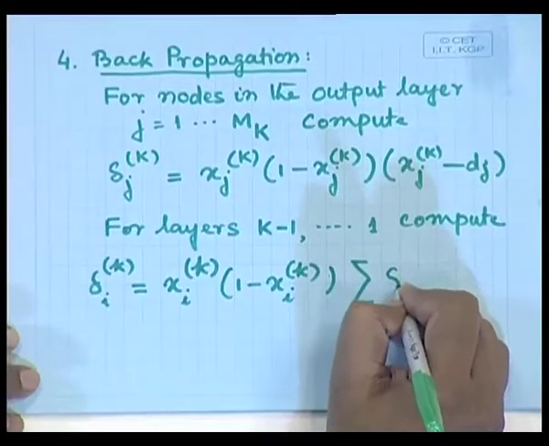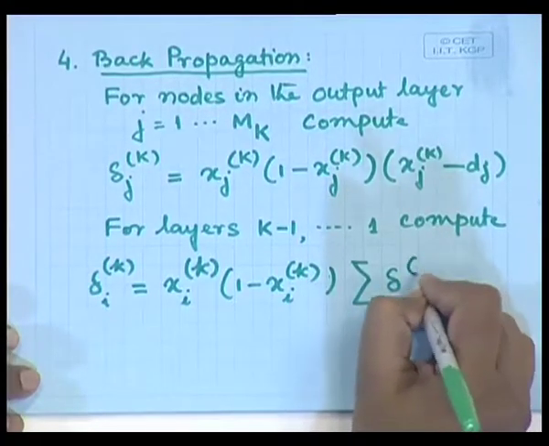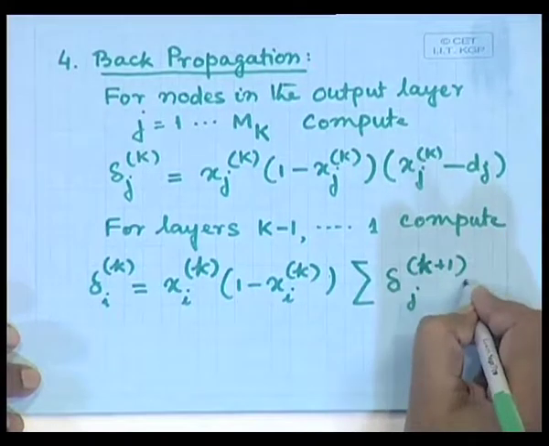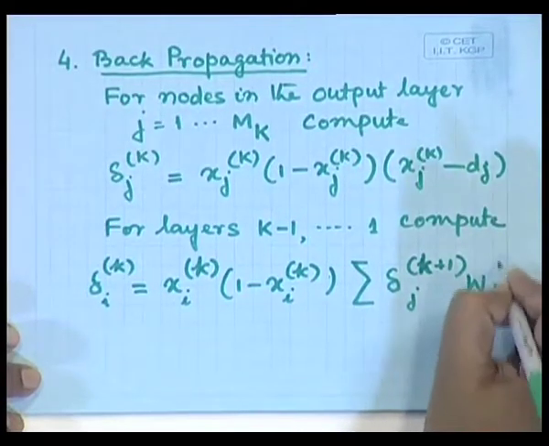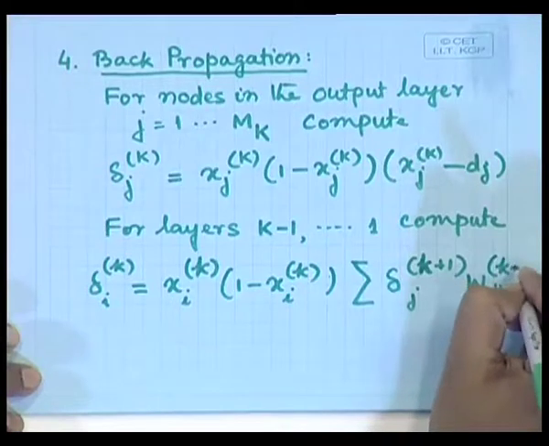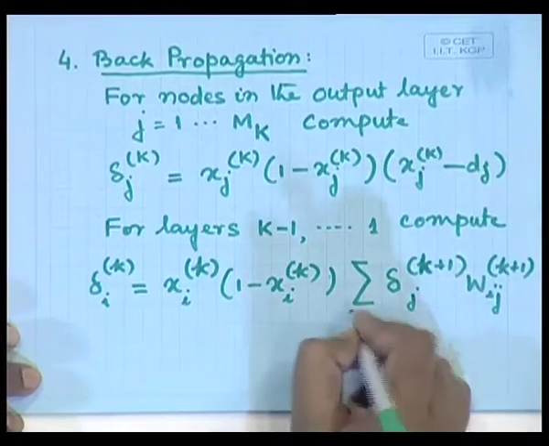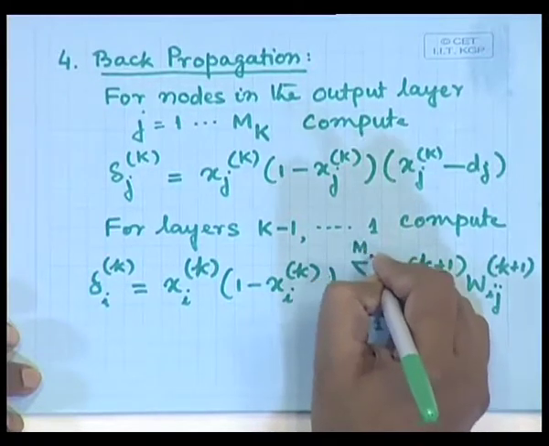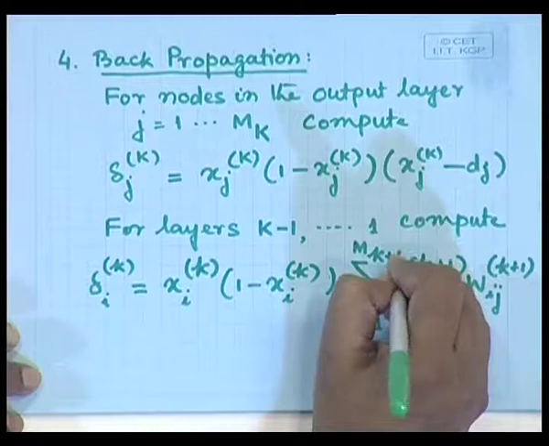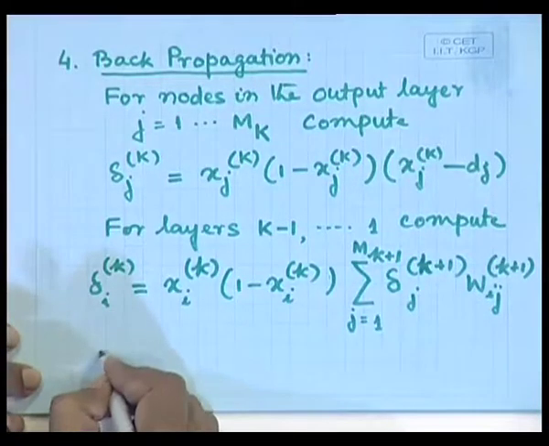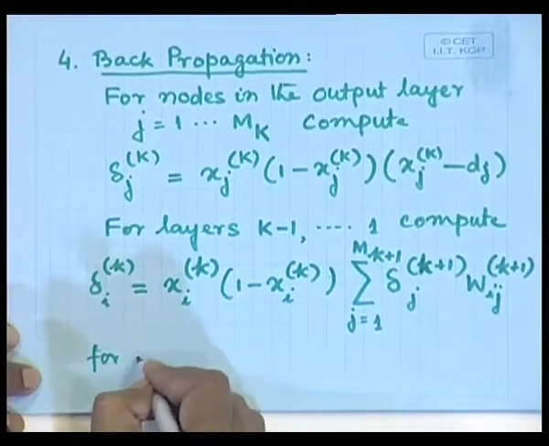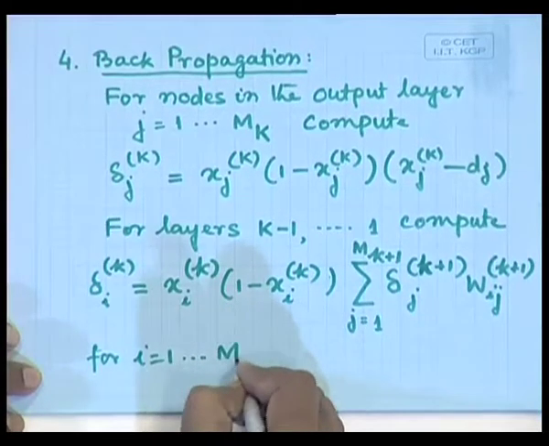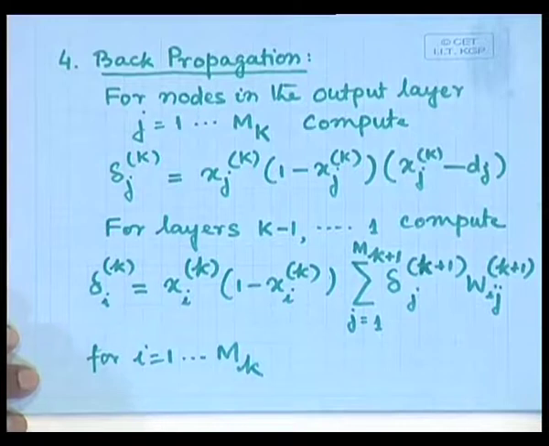So, this will be delta j k plus 1 into w I j k plus 1, where this j will vary from 1 to m k plus 1, and this I have to compute for I equal to 1 up to m k, where this k is lowercase.